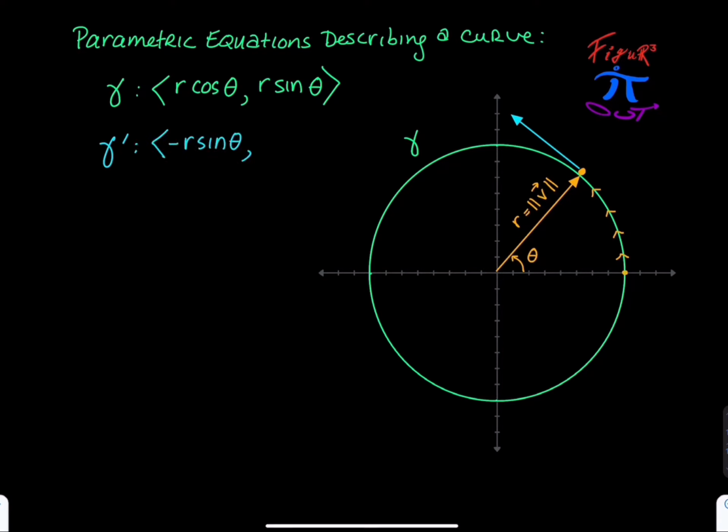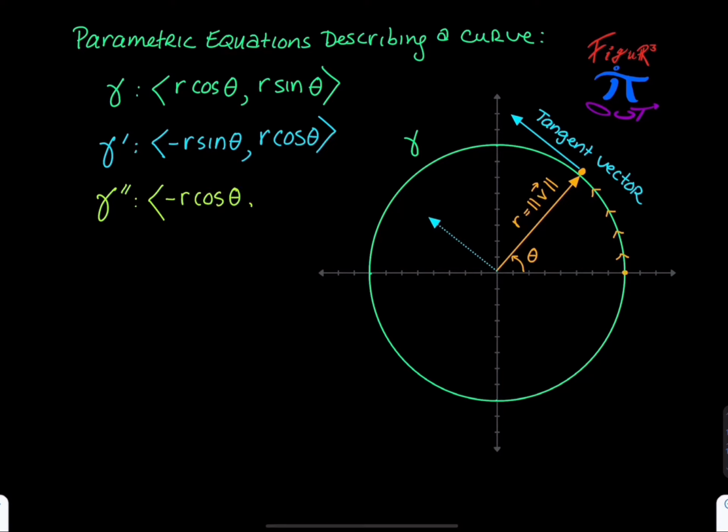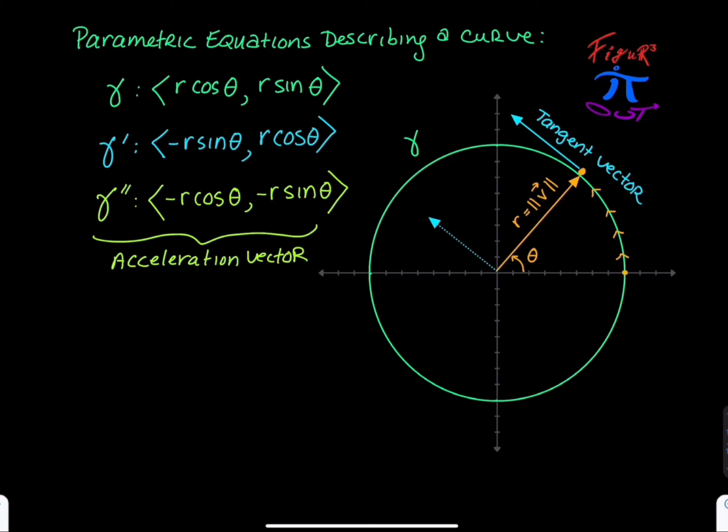A tangent vector to a point moving along this curve will be given by the derivative of those parametric equations. And we see that the tangent vector is always perpendicular to the radius, as we would figure for a circle. The second derivative, as we defined earlier, is the acceleration of a point moving around that curve, and the acceleration vector is perpendicular to the tangent vector, even if we place it at the origin.